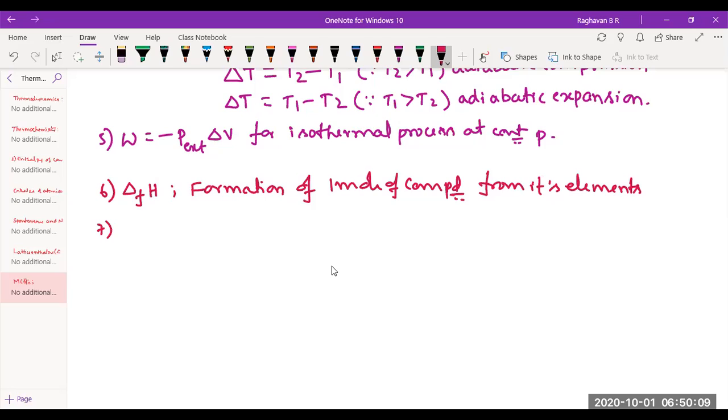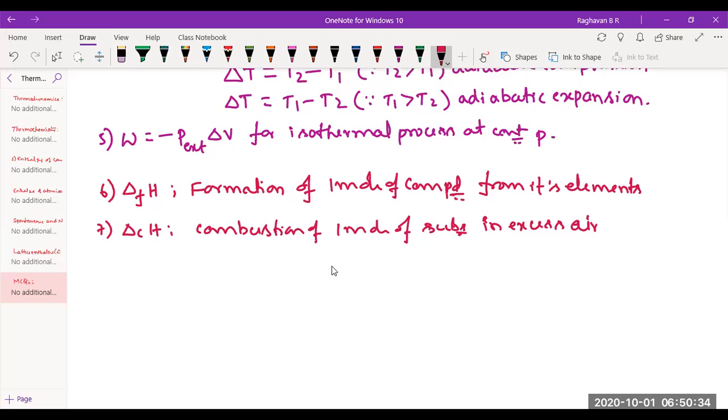Then enthalpy of combustion. It's for combustion of 1 mole of substance. What is the condition? In excess oxygen, so that combustion is complete. When carbon is burnt, if it becomes carbon monoxide, can the enthalpy change be called enthalpy of combustion of carbon?